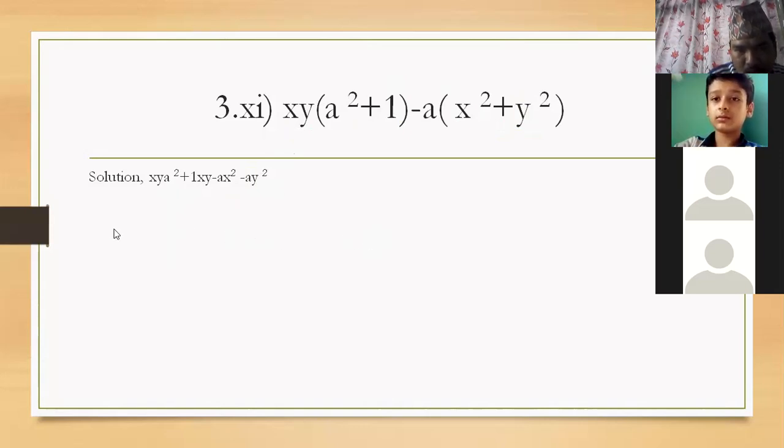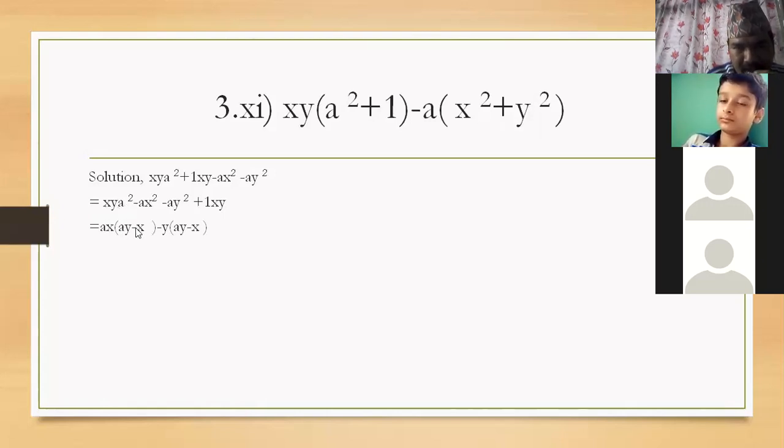Now we have to shuffle them. Change the second term into the last term. Then if you take ax common, what is left here? Ay, because a square means a into a.